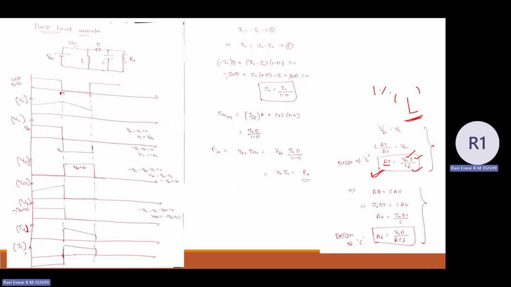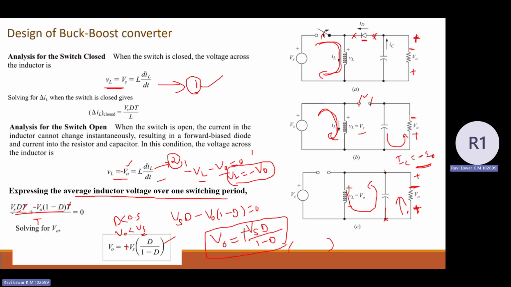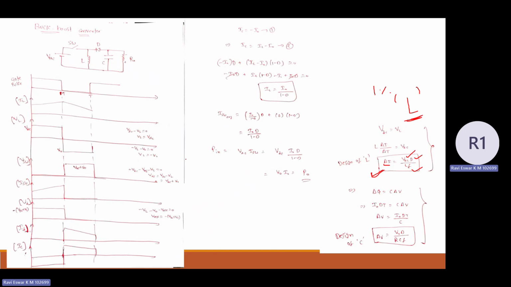Again for the capacitor, what I mentioned for buck converter and boost converter, see the capacitor current waveform. When I see the capacitor current waveform for the buck boost converter, it looks similar to the boost converter waveform. When the switch is closed, the capacitor is discharging to the load, similarly as happens in the boost converter.